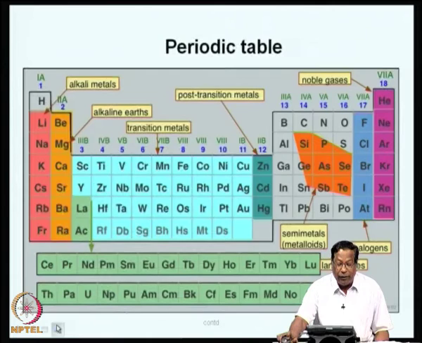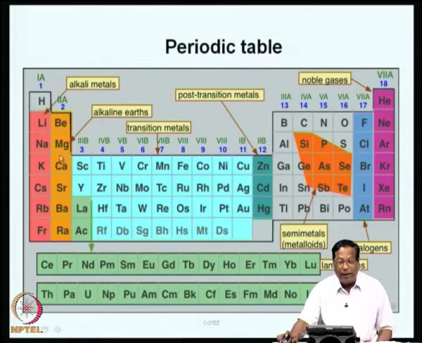So, if you go around looking at it and try to fit the electrons in different orbitals, we have hydrogen with 1 electron, then helium with 2 electrons, then lithium, beryllium, boron, carbon, nitrogen, oxygen and fluorine, which go on adding 1 electron each, and the atomic number also keeps on increasing.